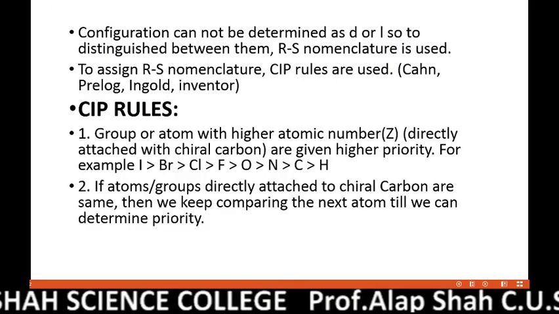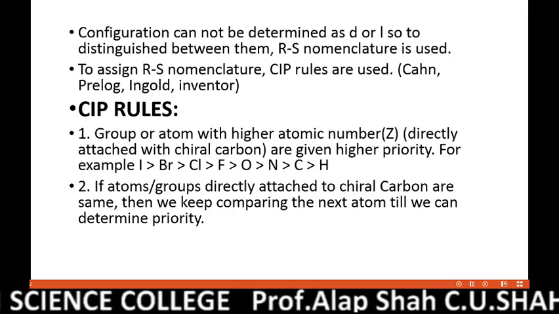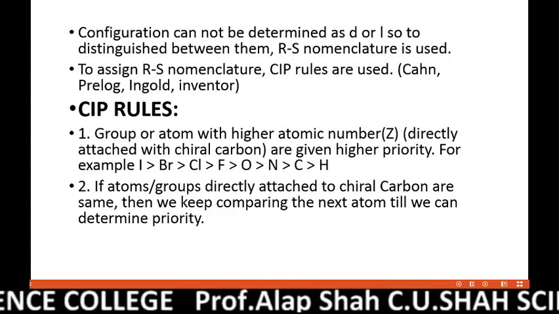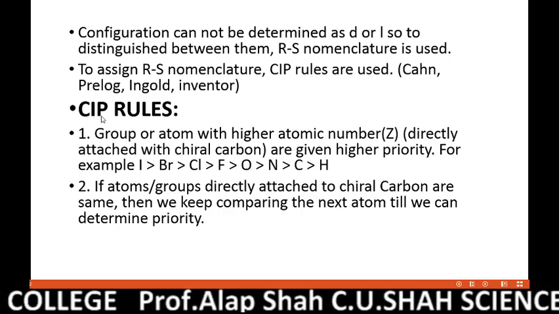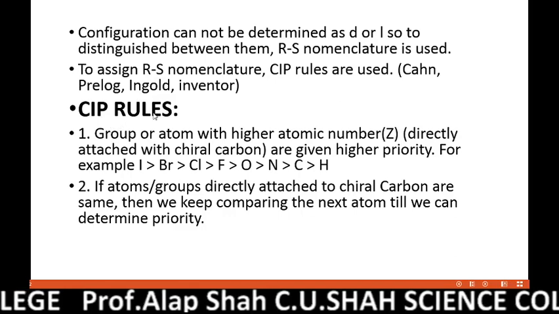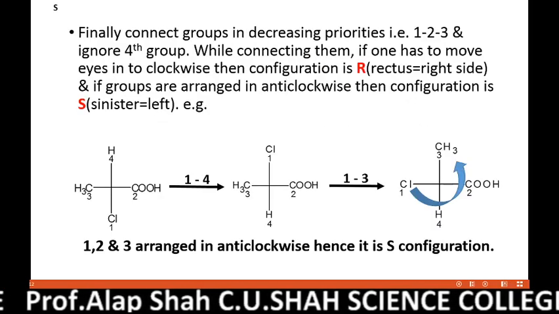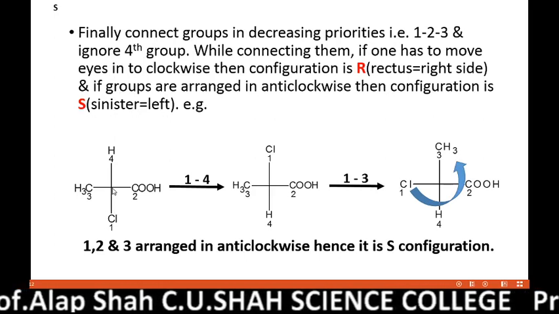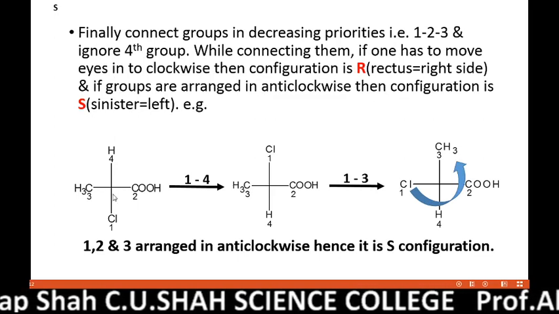To assign R or S nomenclature, we have to follow CIP rules. This technique was designed by three scientists, Cahn, Ingold and Prelog. That's why it is called CIP rules. The first step is that the four groups attached to the asymmetric carbon must be given a priority order.